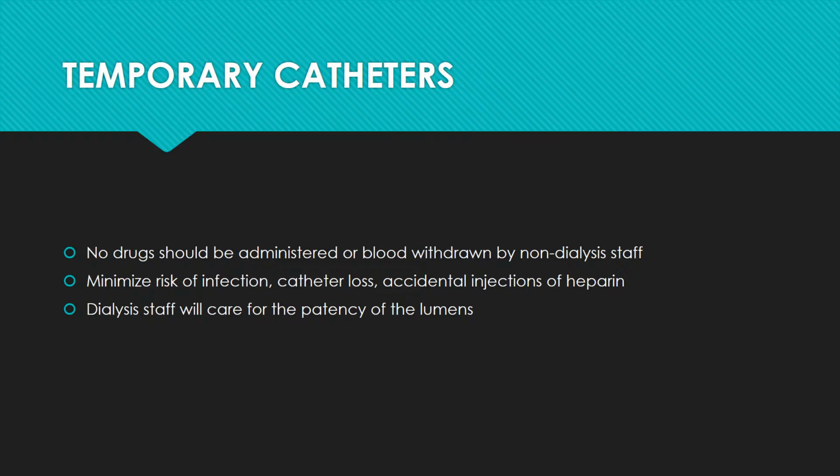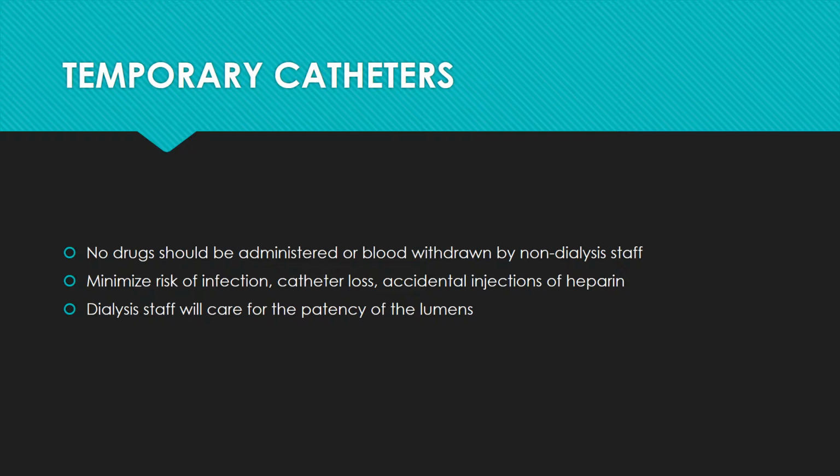When you have a patient with a dialysis access catheter, it should not be used for any reason except for dialysis. We don't give any blood or give any meds or blood draws through that, although dialysis staff can. And we want to minimize the risk of infection. You're going to treat it like a central line. What happens at the end of dialysis is dialysis will clean the site and change the dressing and all of that.